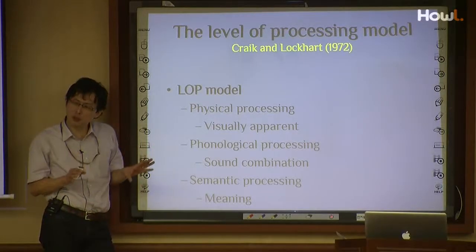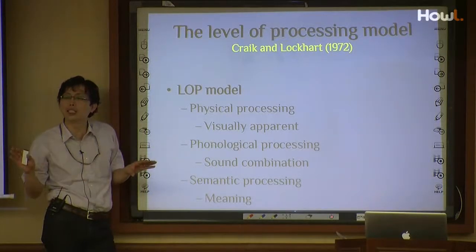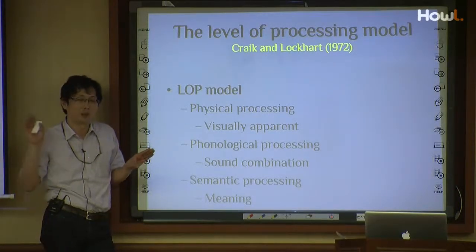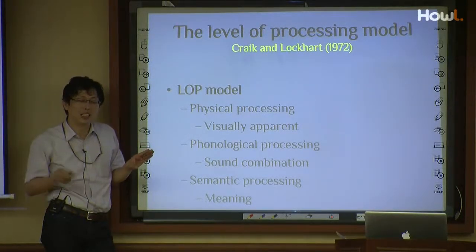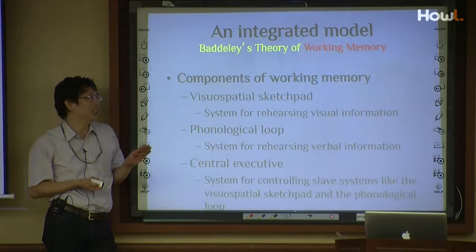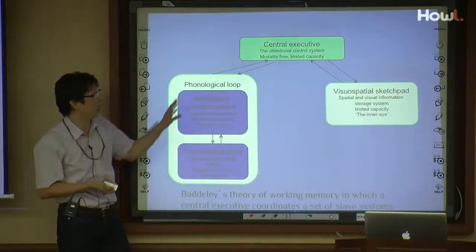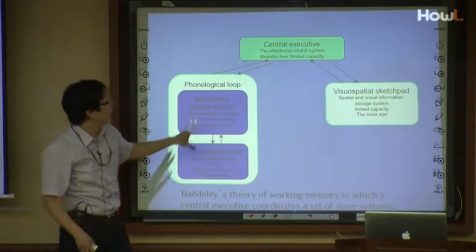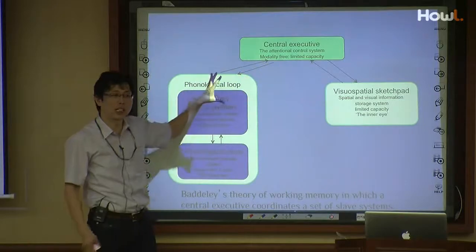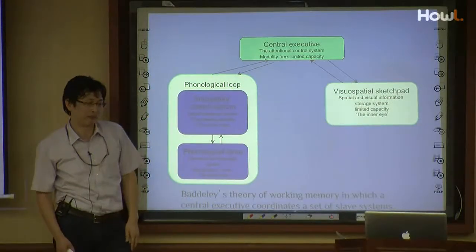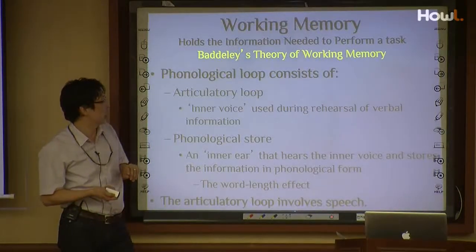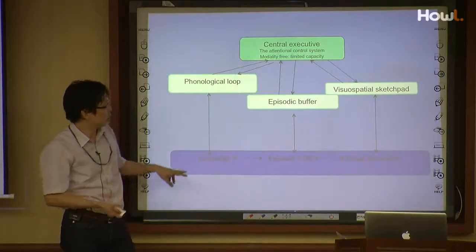The major difference between Atkinson's model and Baddeley's model is that Atkinson's model includes long-term memory. Baddeley's one is not considering long-term memory. He believed that that is one chunk of memory, and this memory is needed to process in working memory. But he just changed his idea. That is the latest model.